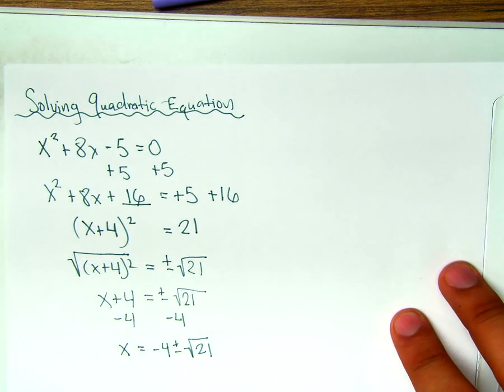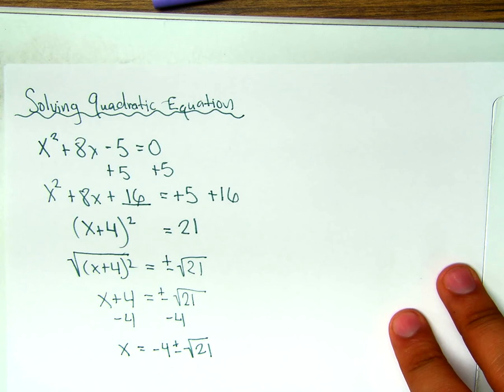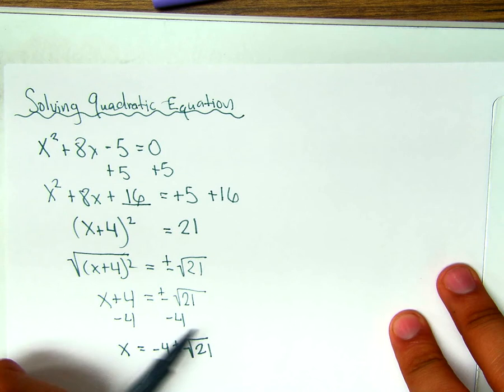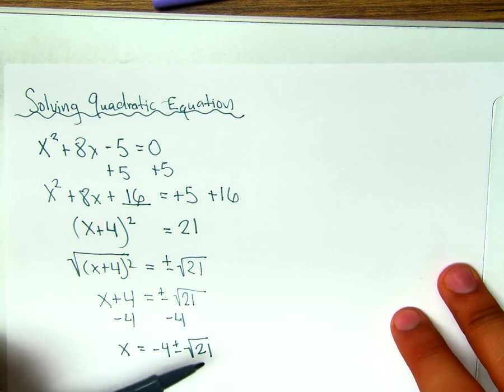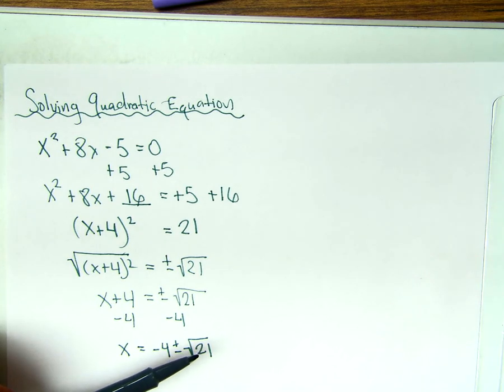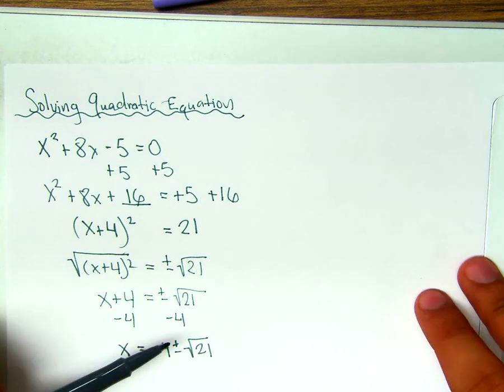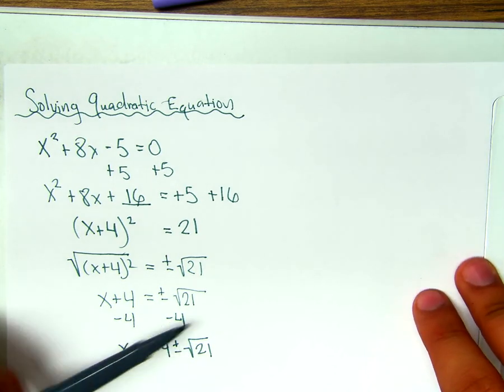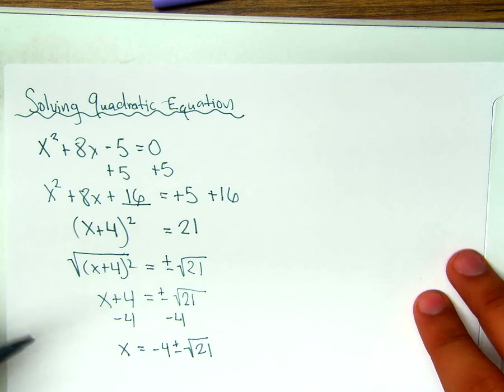Alright? Are we done? What do we have to do? Yeah, we want to see if this is simplified. You can do this in your head. You can think of the factors of 21 and see if any of them are perfect squares and take it out. But if you're ever uncomfortable with that, factor tree always works.